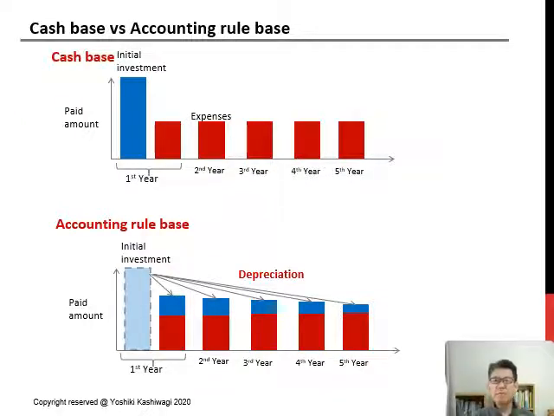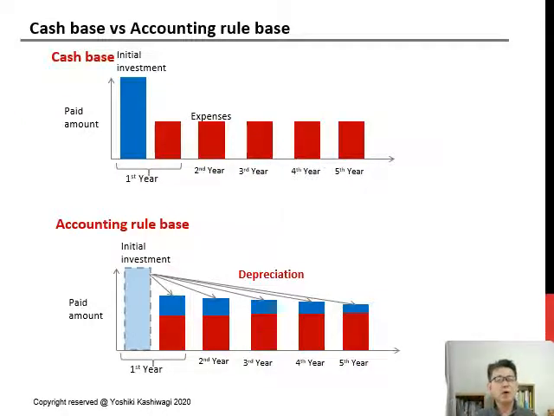Even in the first year, or even if you depreciate over certain years, it doesn't matter. If you take the total of the 5 years, a total sales amount, revenue amount, and the total amount you pay, even as an investment or expenses, you just take the whole payment amount from the whole sales amount of the 5 years.